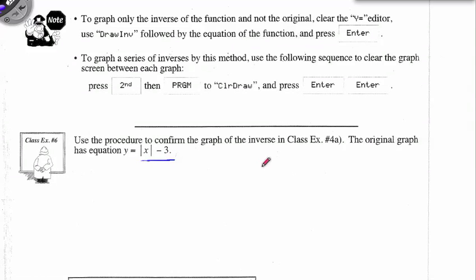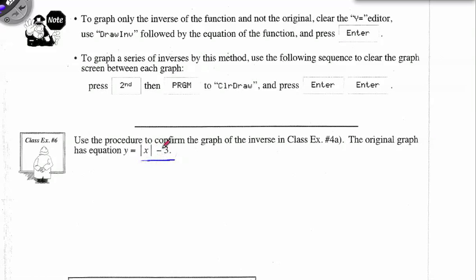So use this above procedure to confirm the graph of the inverse in class example 4a. 4a is actually a graph and this was the equation of that graph.